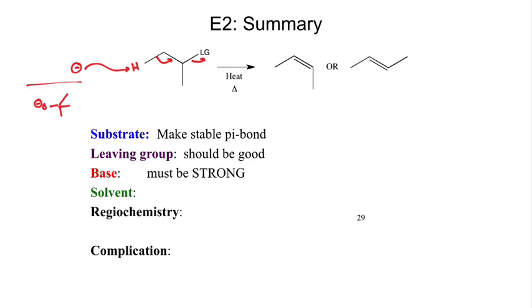We don't necessarily know that it's donating to hydrogen yet. You're right, it's large, because it could just as easily be doing the substitution. Because it is large, that's difficult for it to get in to do a backside attack to kick out the leaving group. Instead, what it does is it removes the hydrogens, because the hydrogens are on the outside of the molecule.